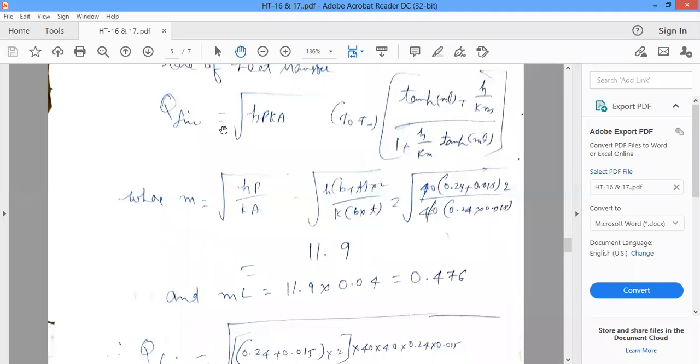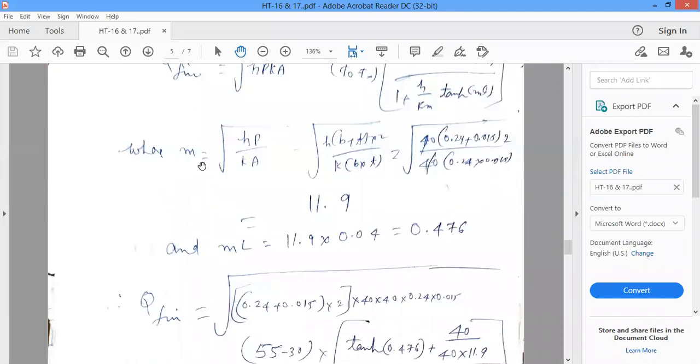If you simplify this, you'll be getting the M value. M is equal to 11.9.